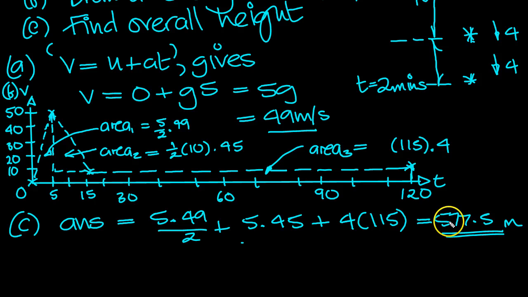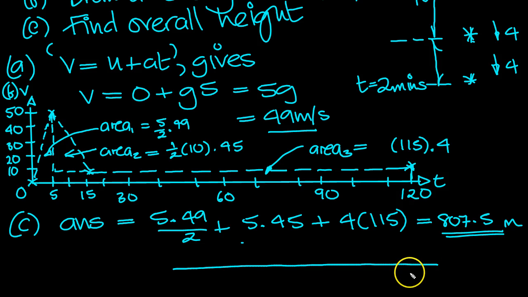So 230 more would be 807.5. So 807.5 meters is the total distance from the hot air balloon to the ground.